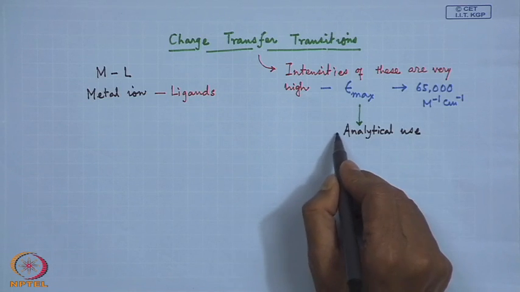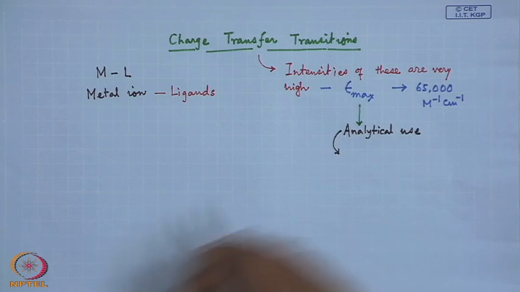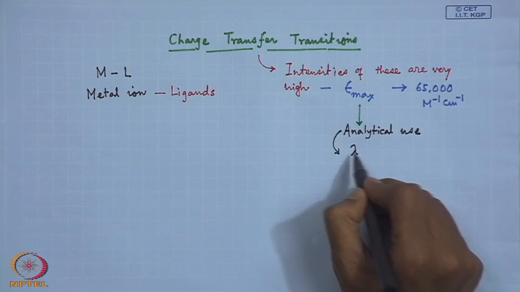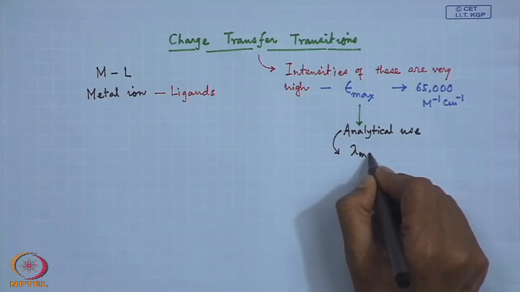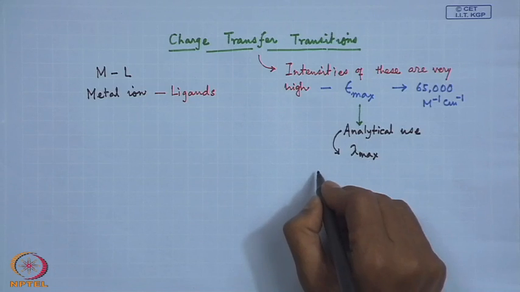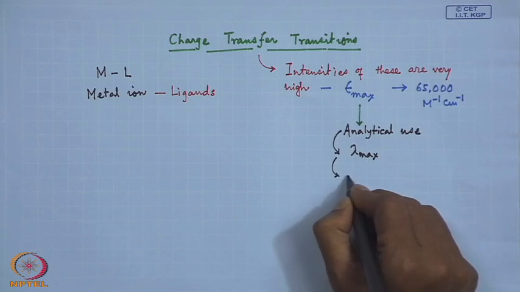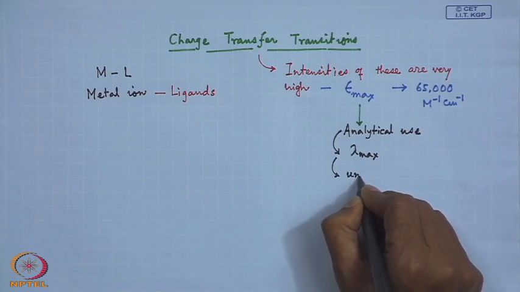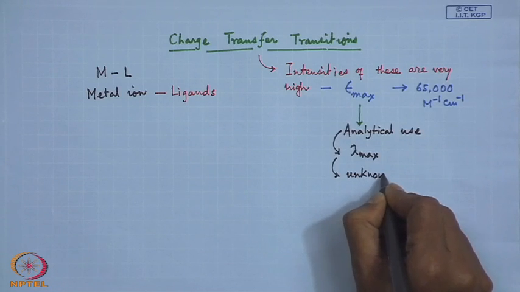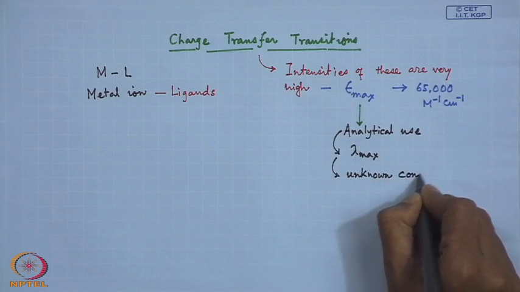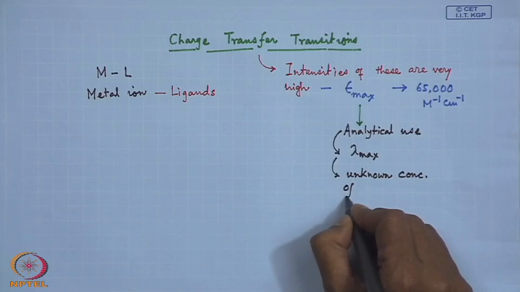At that particular lambda max value, we can detect the unknown concentration of the analyte.